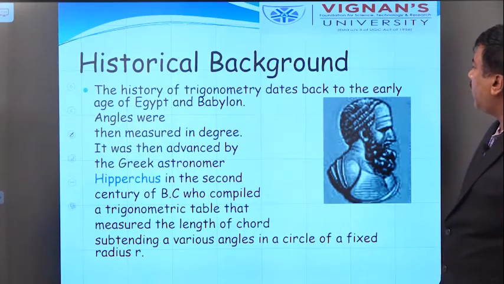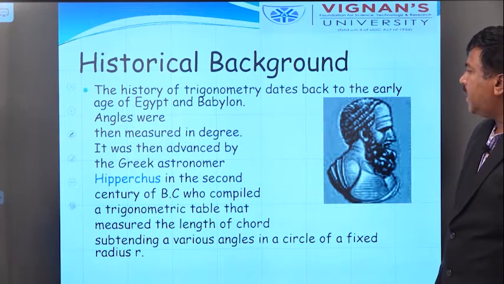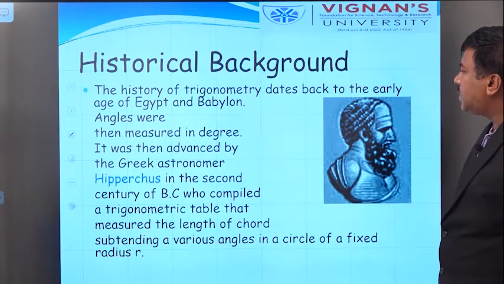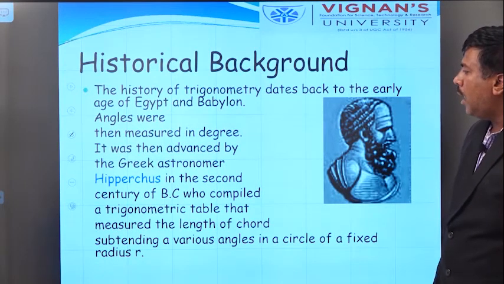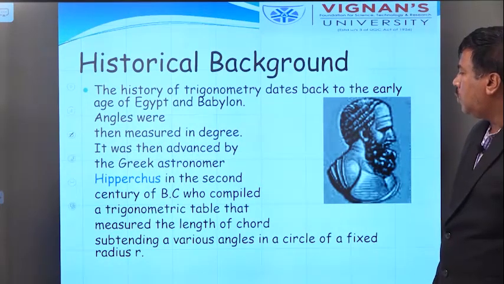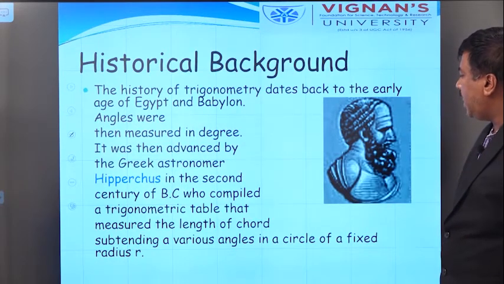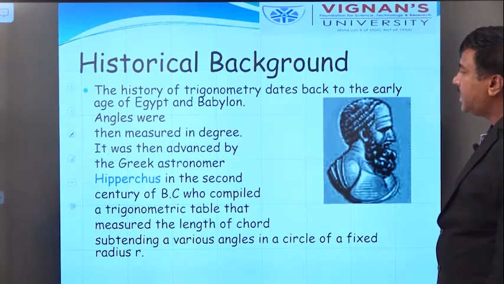The history of trigonometry dates back to the early age of Egypt and Babylon. Angles were then measured in degrees. It was then advanced by the Greek astronomer Hipparchus in the 2nd century BC, who compiled a trigonometric table that measured the length of the chord subtending various angles in a circle of fixed radius r.